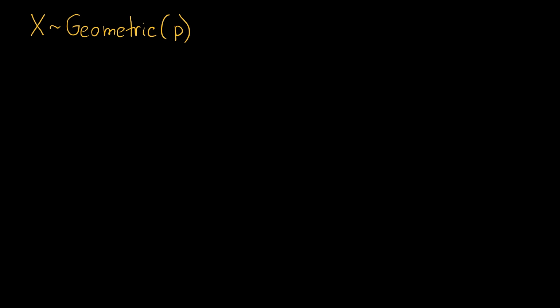And from that story alone, it is clear then that the smallest possible value that x can take is 1. Because we said that x here is keeping track of the number of tosses required for us to get tails for the first time, and it will take at least 1 toss for us to get tails for the first time. But it may take 2 tosses.